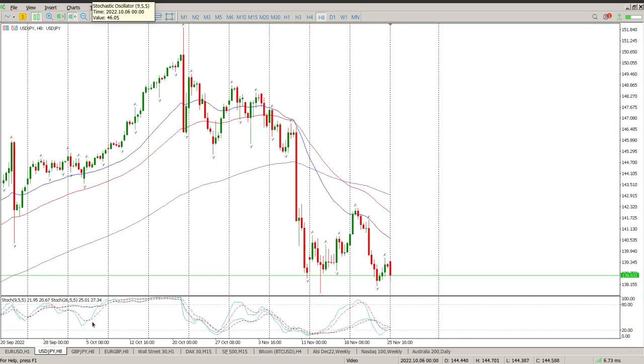Moving on to US dollar Japanese yen. Obviously a similar kind of picture. However, in this scenario, we do have what looks like a bit of a continuation brewing. We are in a downtrend on the 8 hours, which happened a couple of weeks ago, and we are still sort of in that downtrend.